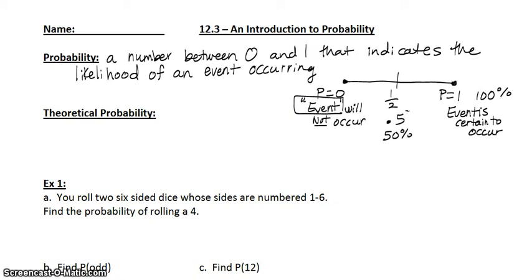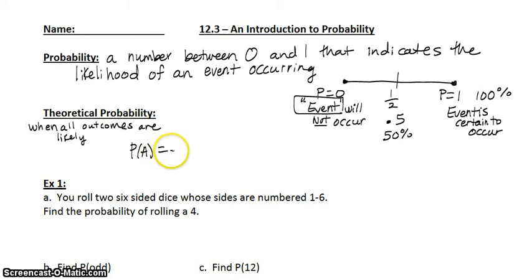Alright, theoretical probability is a probability that you are most familiar with. This is when I have a situation and all outcomes are equally likely, or we can predict what's going to happen because we can know how likely each outcome would be. So here's how I would formally write this.